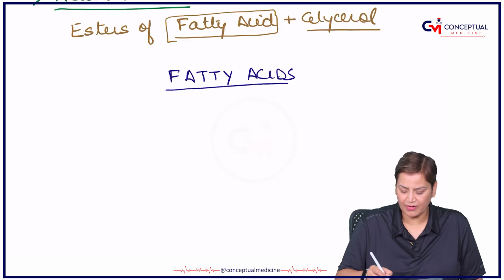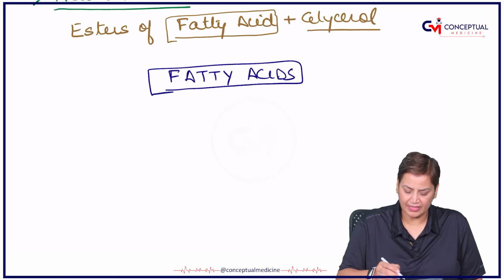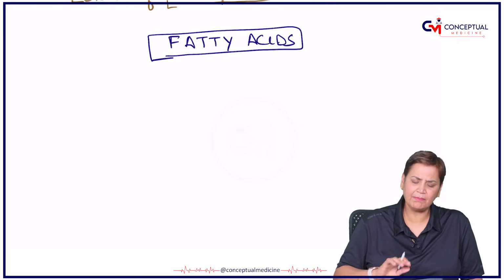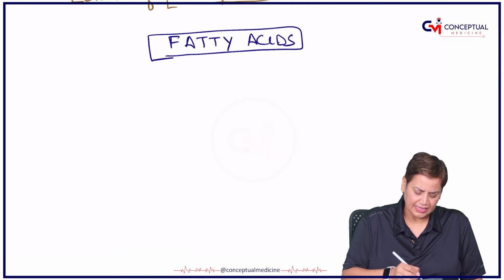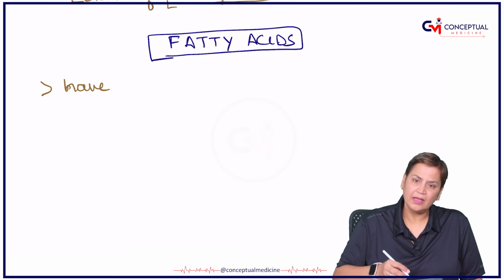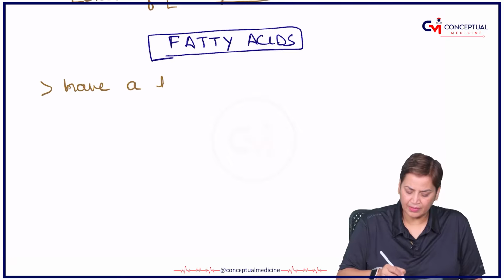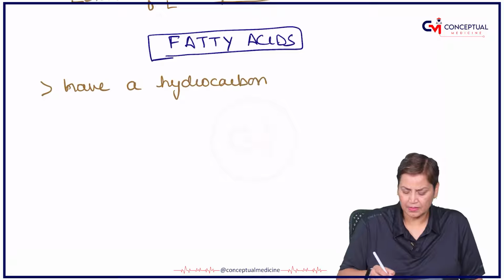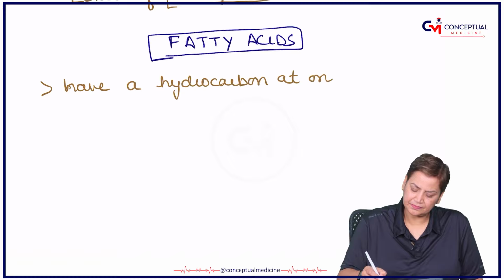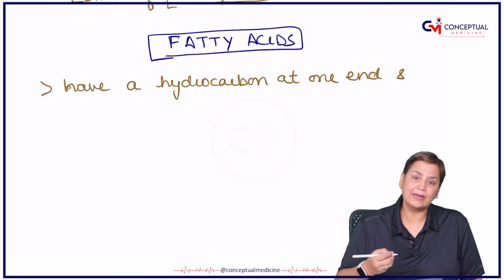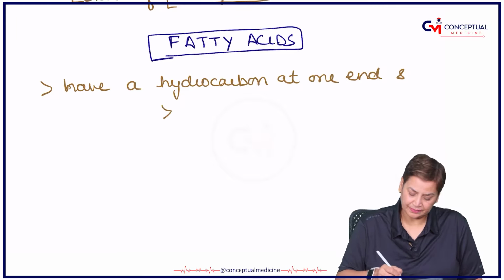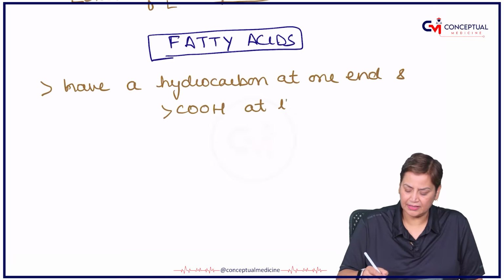Now if we talk about fatty acids, how do we define them? They are the simple molecules which have a hydrocarbon at one end and a carboxylic group at the other end.